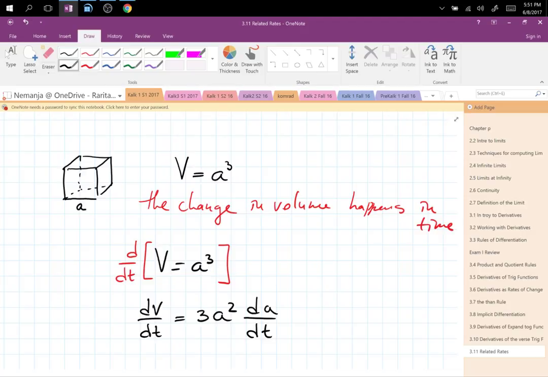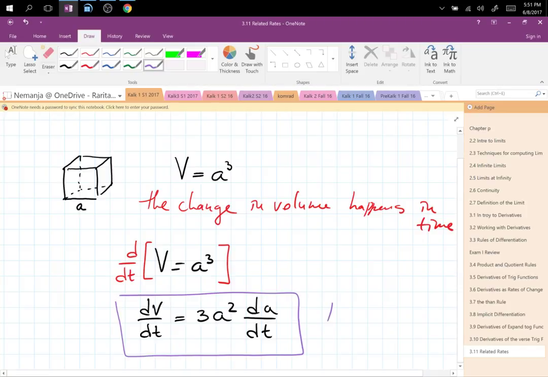Now, this equation here is the mathematical model we are after. This equation is your related rates. And the reason why this is related rates is because there are two rates. You can see two rates, a rate of change of volume and a rate of change of length of the edge.